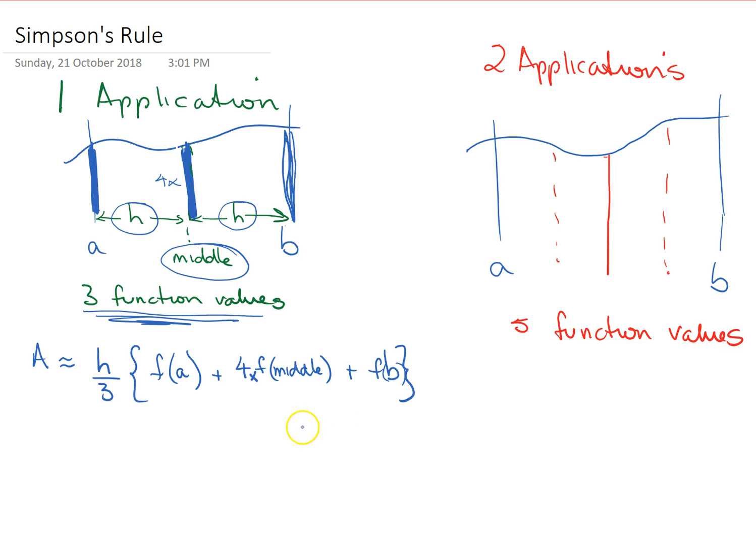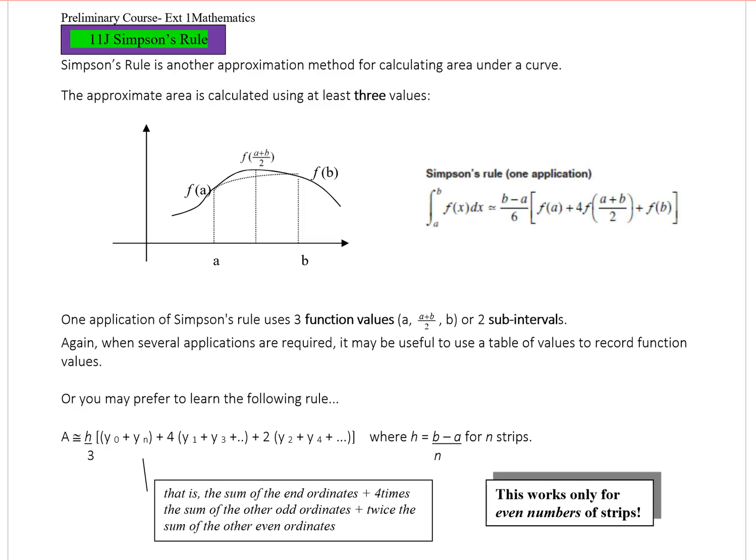Simpson's rule does appear on the reference sheet. It doesn't look like the rule as I've just written it. To me, it looks quite complicated. It talks about a 6 here, and I guess that comes from our h being b minus a on 2.